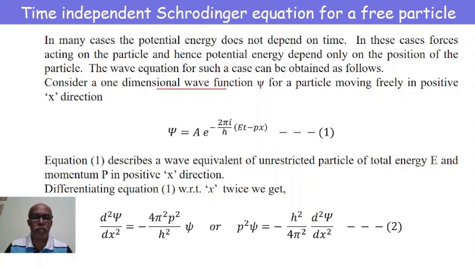We get 4 pi square by h square, and i square becomes equal to minus 1, and as we are differentiating with respect to x, we get p square. P square of this whole term will be repeated, and therefore that whole term will be psi. Or rewriting this, p square psi equals minus h square by 4 pi square into d square psi by dx square.